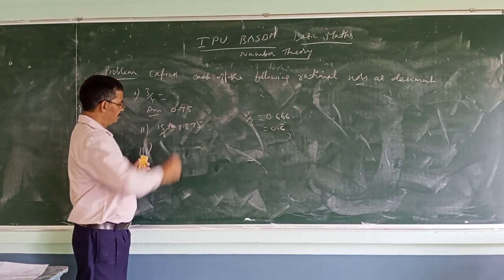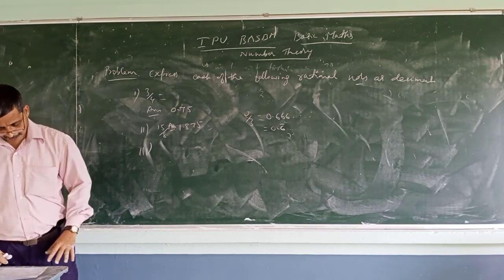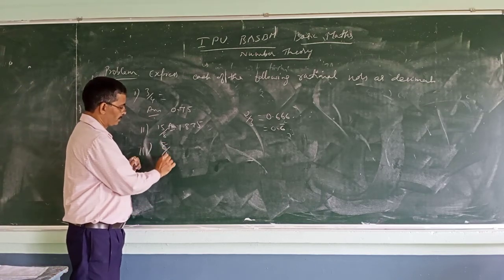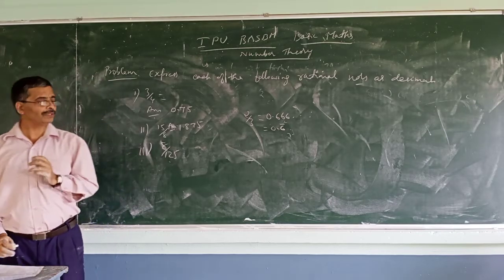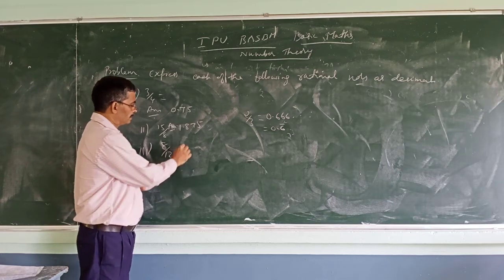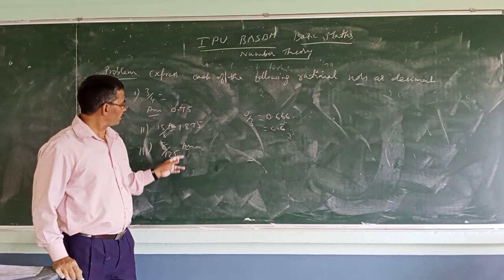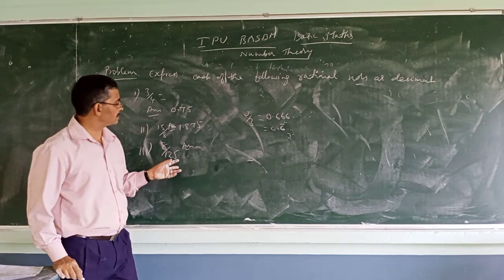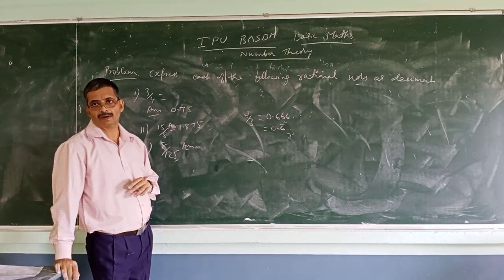Just a revision. Third one is a slightly different type: 8 by 125. What we'll do here is convert it into powers of 10.